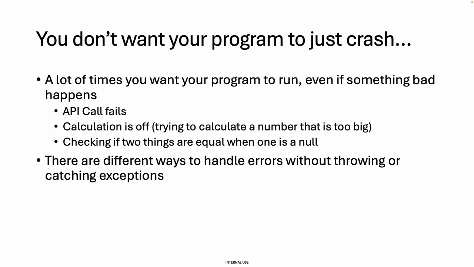You want to be able to let them know, hey, this happened. Hey, refresh the page, or hey, start from scratch, log out, what have you, however you want to handle it. But you don't want to let your program just crash. A lot of times you want your program to keep running too.